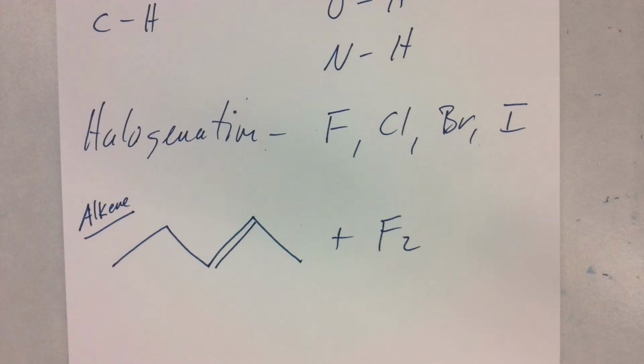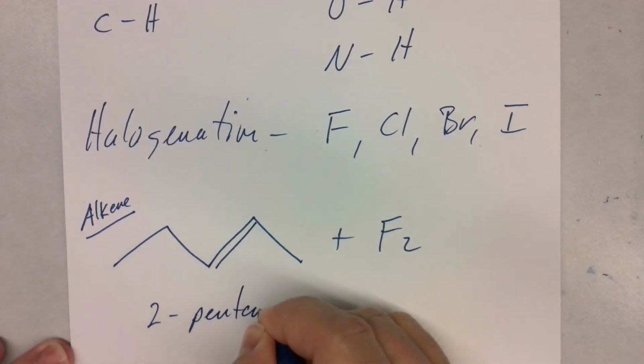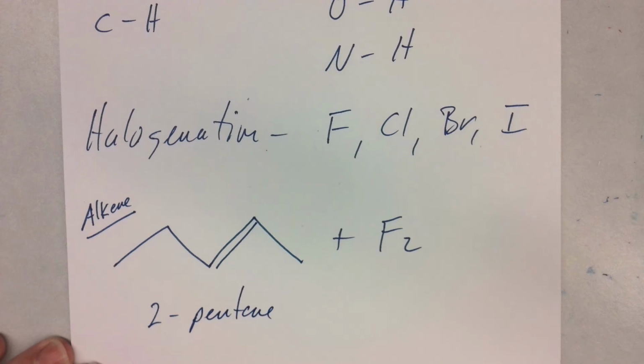Anybody know what she's missing? 2-pentene? Exactly, 2-pentene. Why? The double bond. You have to say where the double bond is. I've got to say where that double bond is. Now, why is it 2 and not 3?